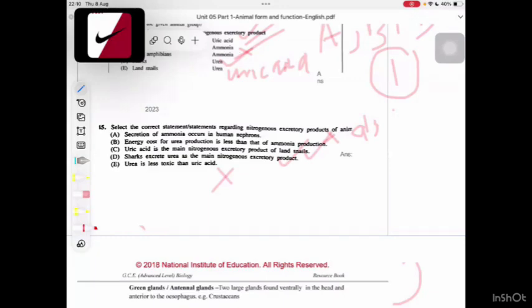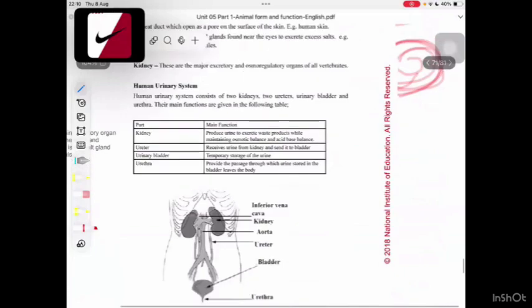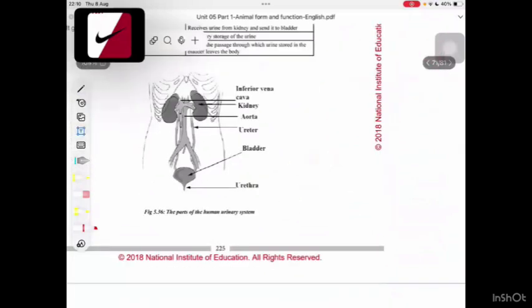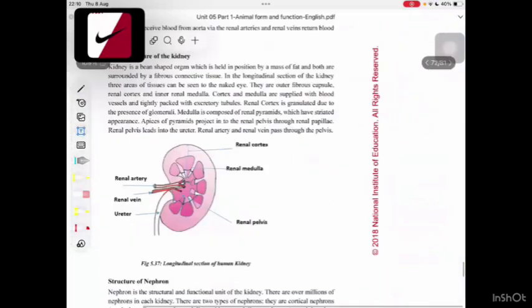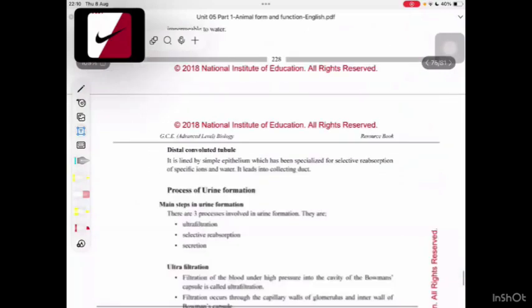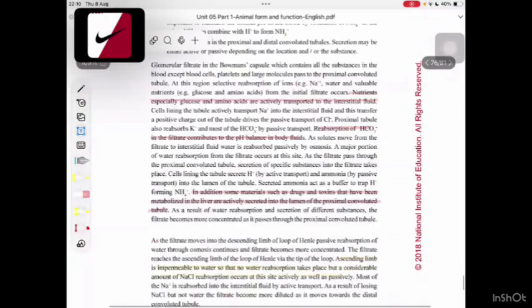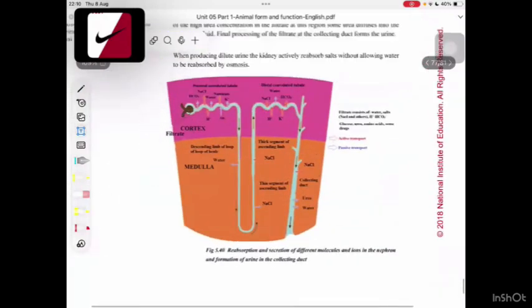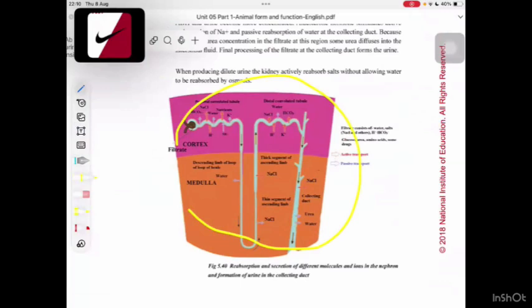Then A, secretion of ammonia occurs in human nephrons. We still didn't come to that part, but if I show you that part, now you might have a curiosity to know whether this is correct or not, right? We go to that part. In nephrons, these are the nephrons, right? This is the structure of the nephron. This is the proximal convoluted tubule, the loop of Henle, distal tubule, collecting duct. So you can say ammonia gets reabsorbed, right?